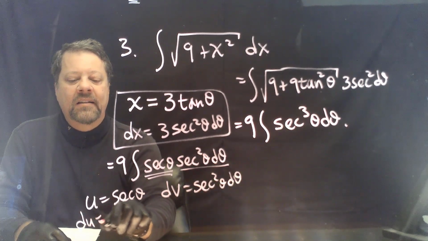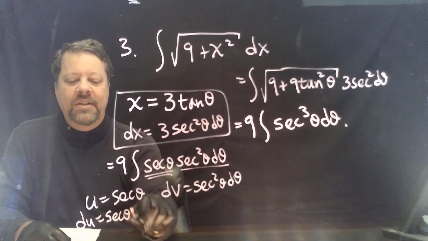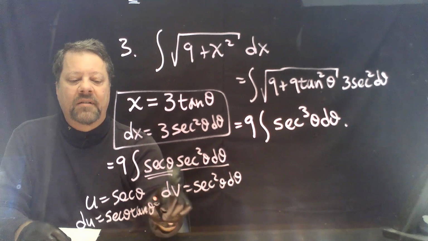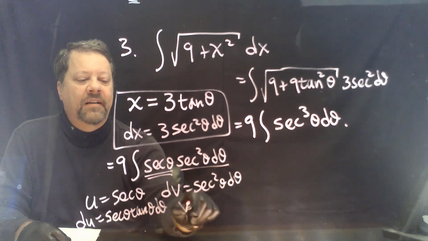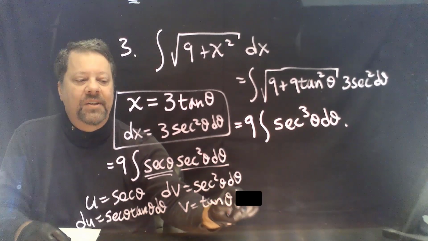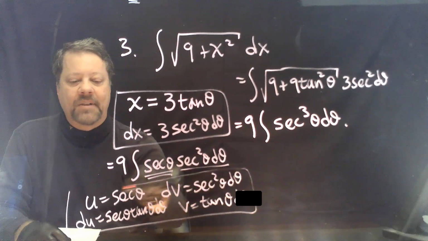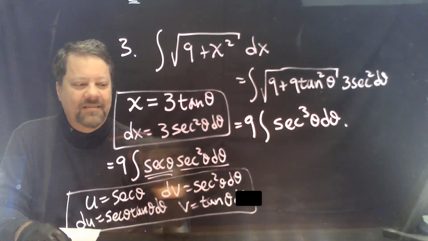Consequently, du is the derivative of secant, which is secant tangent, all times d theta, and v will be the integral of secant squared, which is tangent theta d theta. Let's encapsulate that into a box.